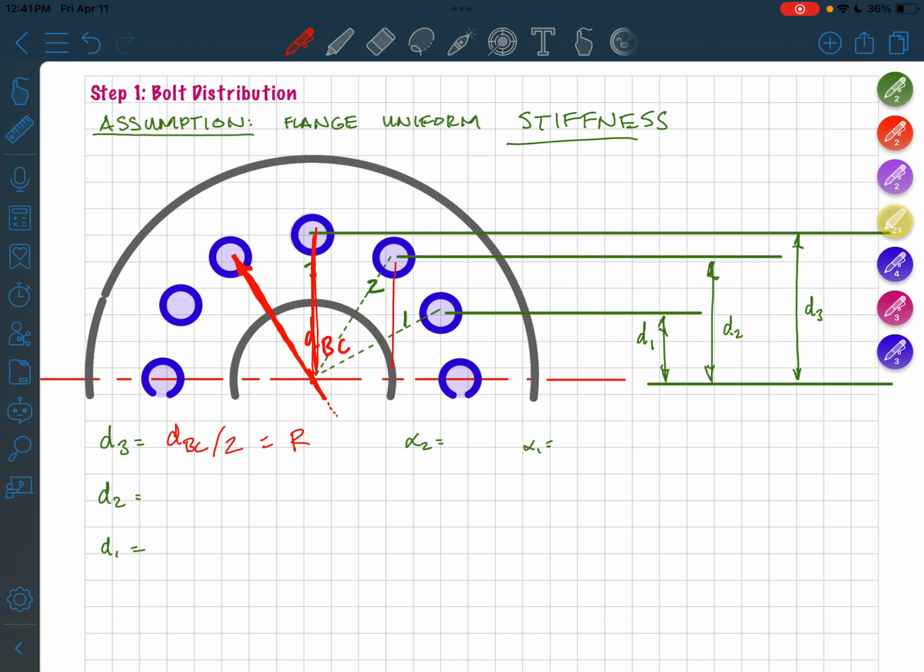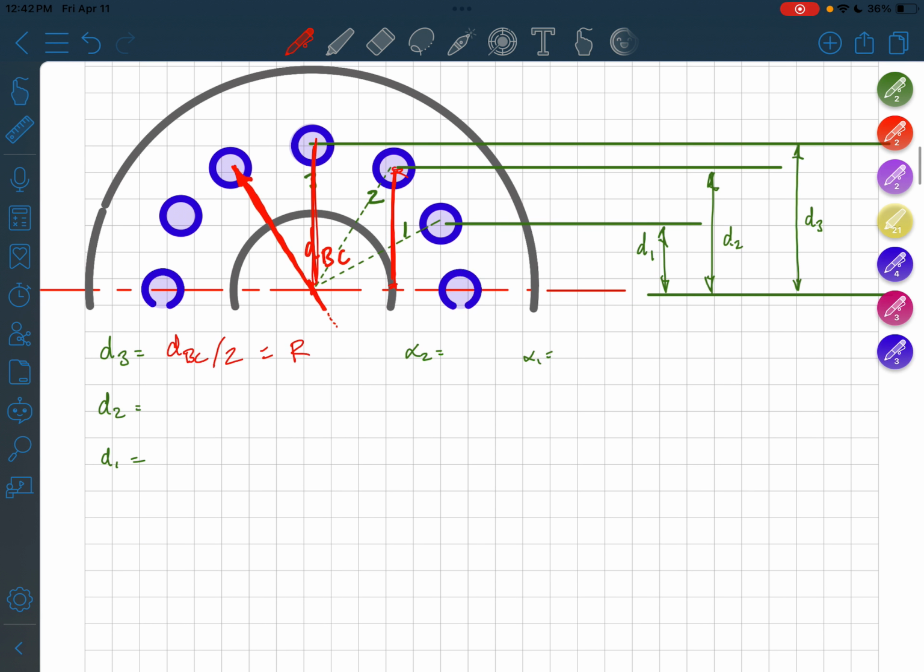The distance for bolt 2 is this distance here. And the triangle that we're going to be drawing is essentially this. Radius, R, that's our D2, and this is alpha 2. Similarly, D1, it's going to look something like that.